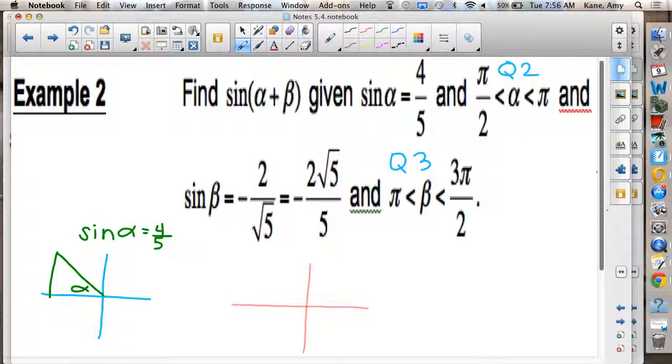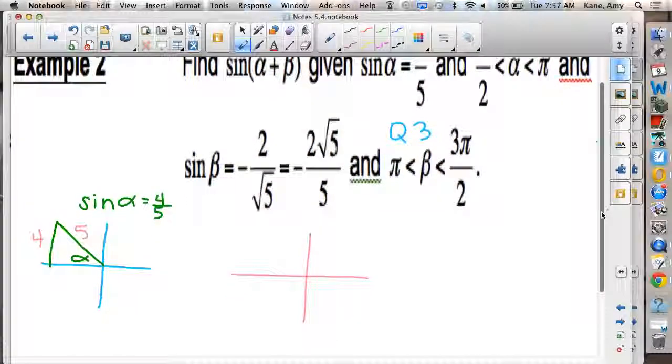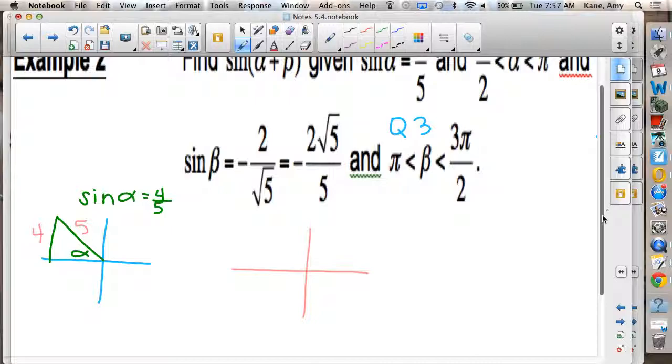You would know that the y value would be 4, and the base, the x value, would be 3. Since we're on the negative x-axis, it would be -3. The other side of the triangle you're able to find either using the Pythagorean theorem or noticing that it's a 3, 4, 5 triangle. So that would be my alpha triangle, my triangle A.